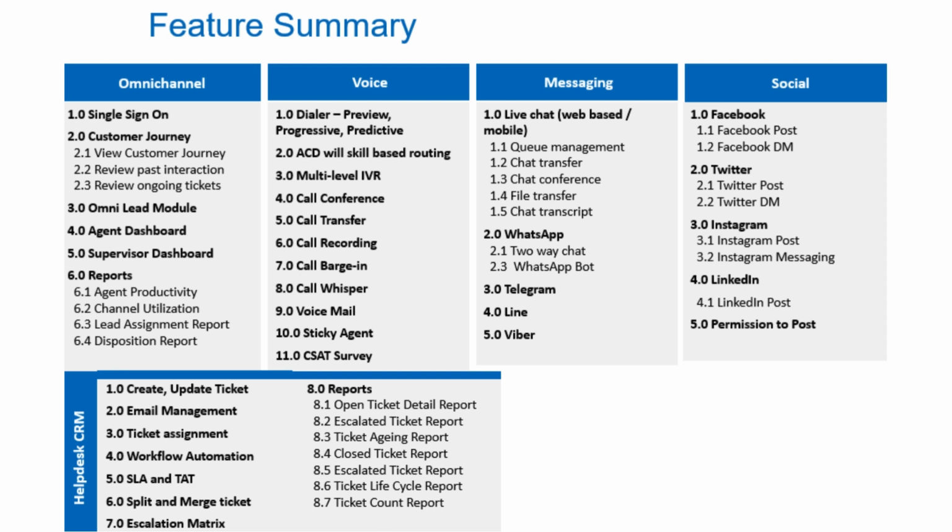The Omnichannel can be used for inbound and outbound processes. It also has a lead module for outbound calls and lead management. Also, this version of Omnichannel is multilingual, so the agent and admin panel can be changed to different languages based on user choice.